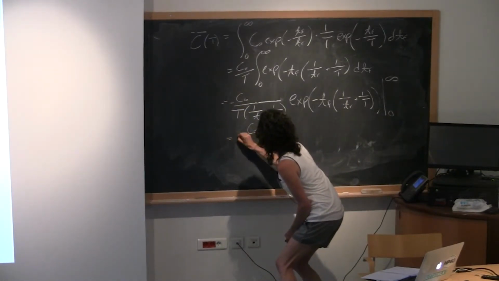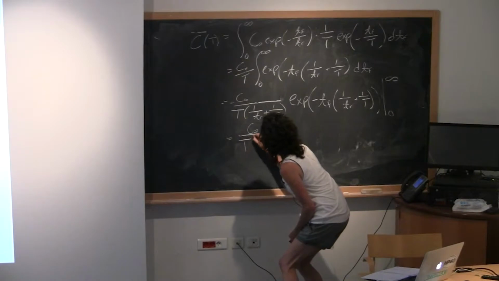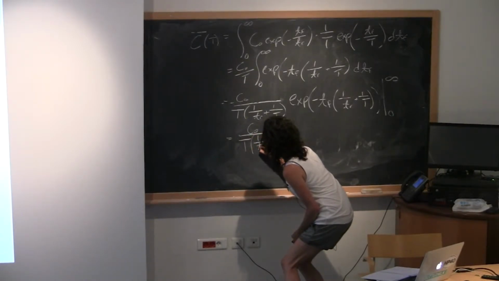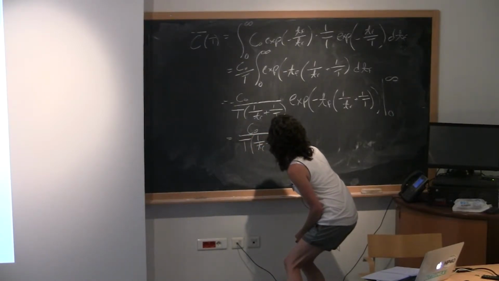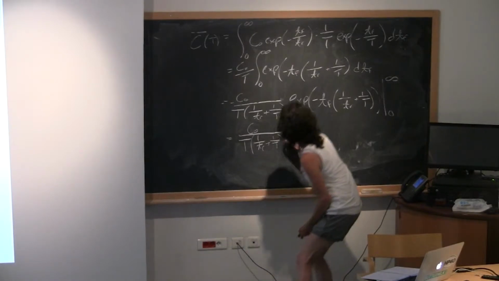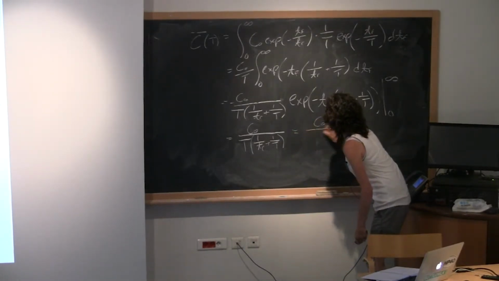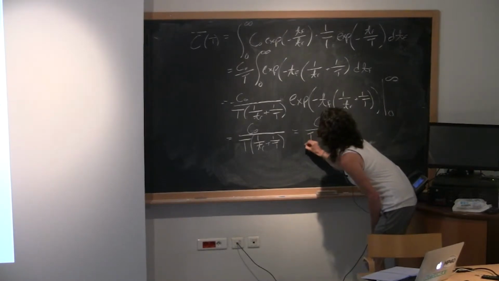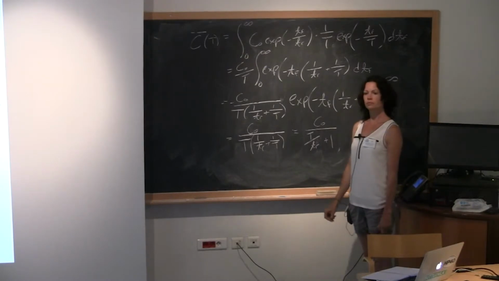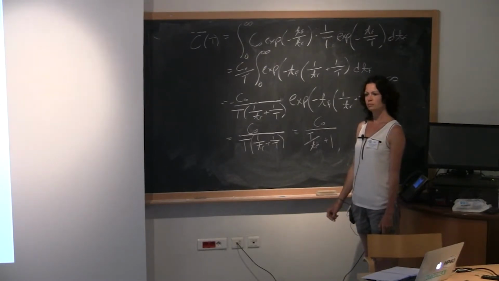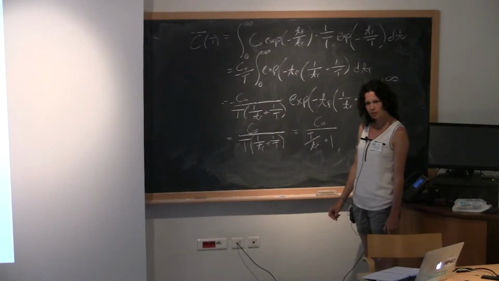And we wind up with C naught over 1 over reaction time plus 1 over mean travel time. Or you could think about that as C naught over mean travel over reaction time plus 1. Are we okay? Did I drop one?